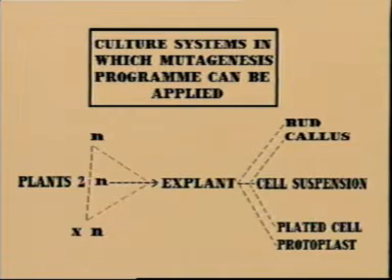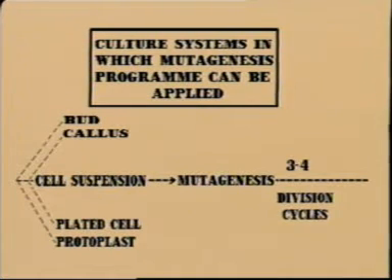And here is a culture system in which a mutagenesis program can be applied. For that, first, explants are prepared from haploid, diploid, triploid or polyploid tissues, and from them callus or cell suspensions are generated, or even protoplasts are isolated, or cells are plated.